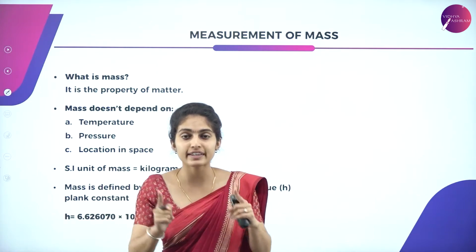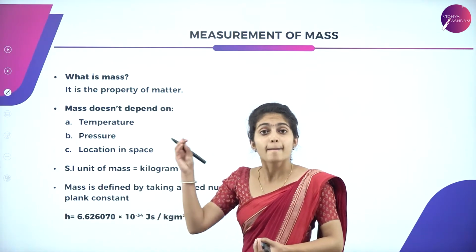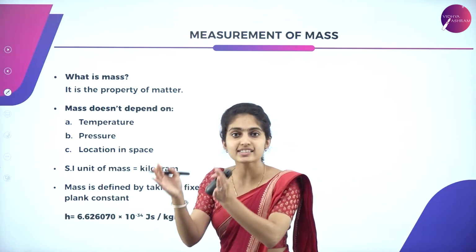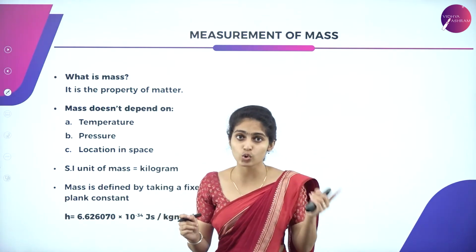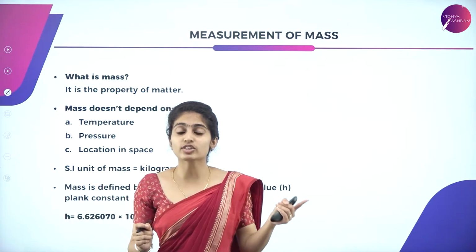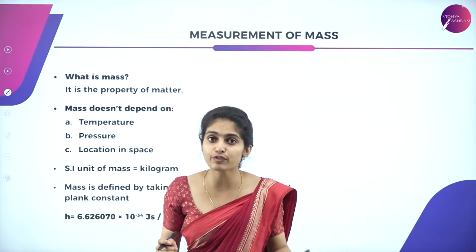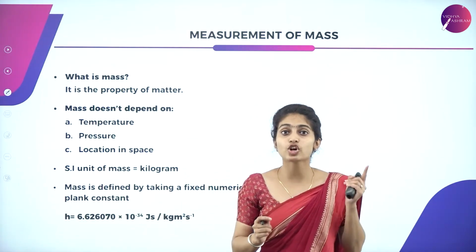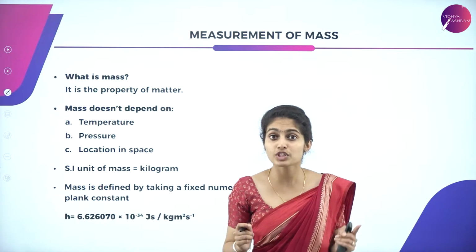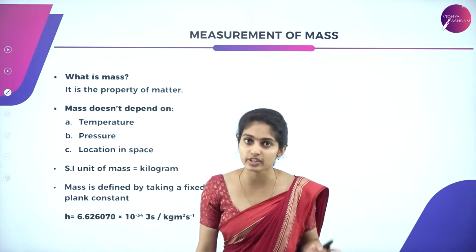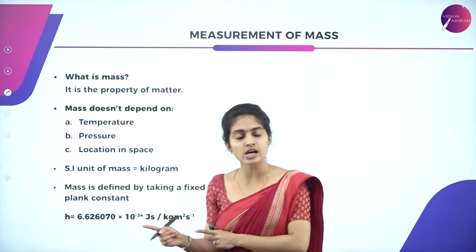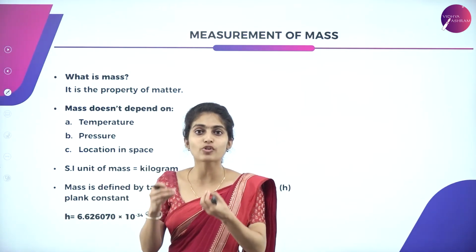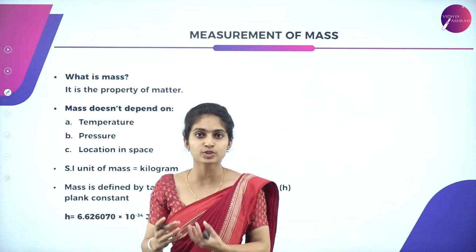Mass is different from weight because mass is the number of molecules present in a certain matter, whereas weight depends on the gravitational force applied in a certain region. Weight depends on gravitational force, whereas mass doesn't depend on gravitational force. It is the presence of molecules in a certain object.